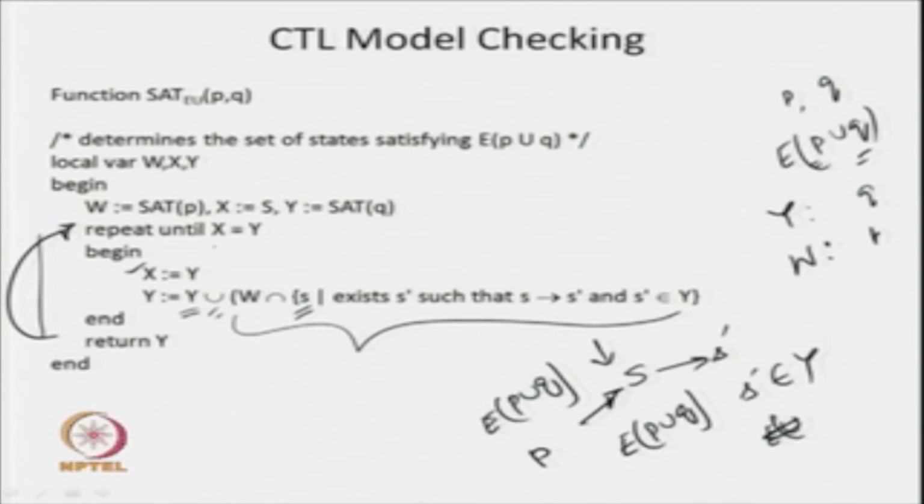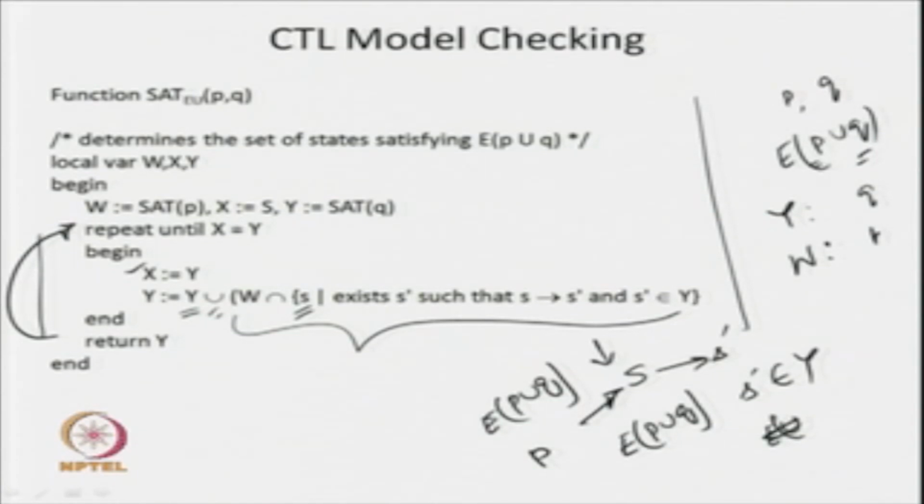We check whether X equals Y or not. What we have in X is the previous set of states where E P until Q is true. Now, we check whether any new states have been added or not. If so, that means these are not equal, then again we go into this loop and collect. So, you see this is the procedure, and this is nothing but the graph traversal algorithm.